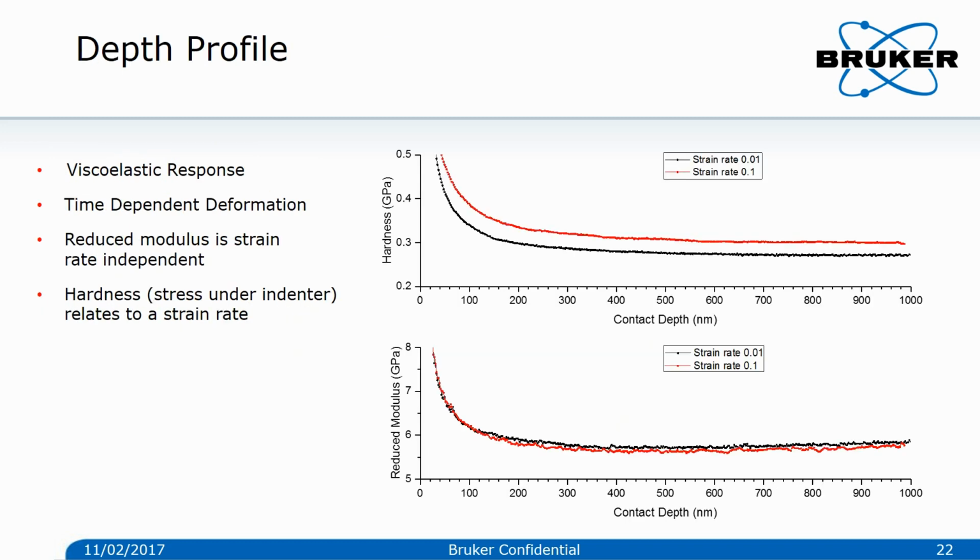The viscoelastic response of the material to the different strain rates shows that the reduced modulus is not depending on the strain rate being used during the test. But the hardness, the stress under the indenter, is changing with the different strain rates 0.01 and 0.1 per second.